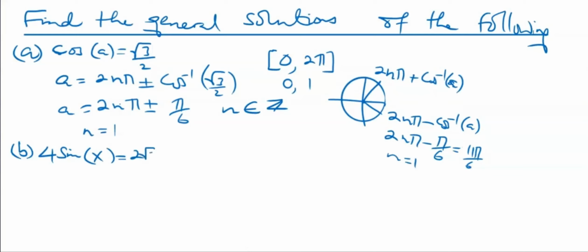So I'm going to get rid of the coefficient first, and then I want to get the general solution for the x value.